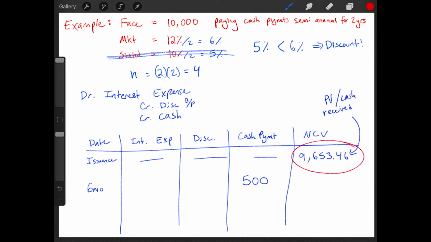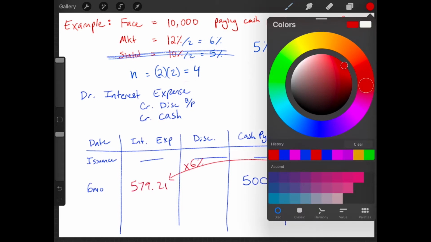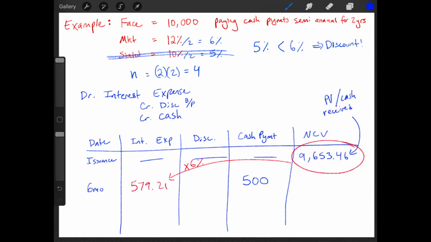So we'll take the 9,600-ish amount and multiply that by 6% to get our interest expense. So in this case, it's going to be $579.21. And so if in our journal entry we know the debit to interest expense is that amount and our credit to cash payment is $500, then we know our credit to our discount is going to be the difference between the two, that's $79.21.